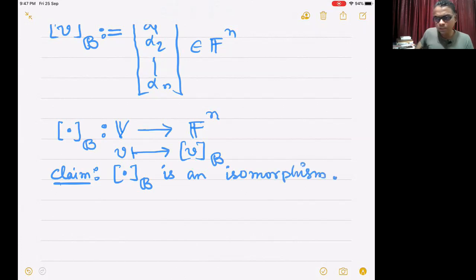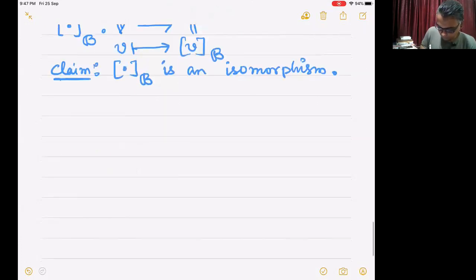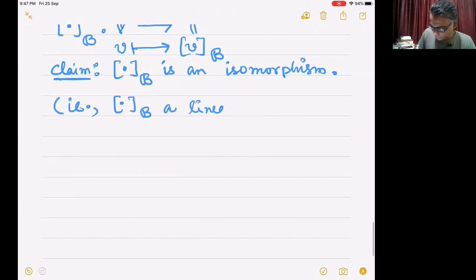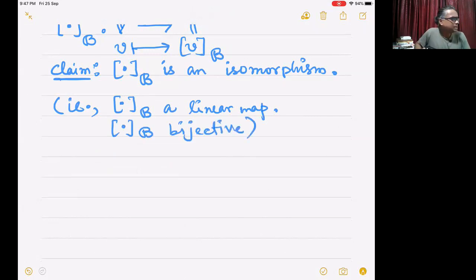If you remember from the last lecture, isomorphism means that this is a linear map and this is bijective. Bijective would mean there is an inverse, and we have already seen that the inverse will also be a linear map. Therefore it's an invertible linear map, which means it's an isomorphism.